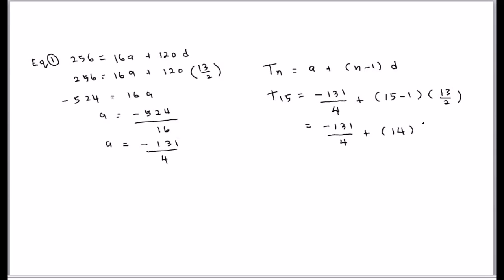Okay, you can straight away use your calculator. Negative 131/4 plus 14 multiplied by 13/2. So the answer is 233/4.